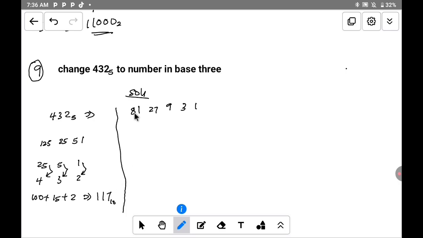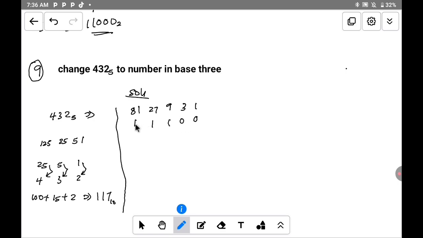If you add 81 plus 27 plus 9, that will give us 117. Do you take note of that? So this 81 will be multiplied by 1, this 27 multiplied by 1, and this 9 multiplied by 1. The others, this 3 and this 1, are not needed to give us this 117, so this 3 will be multiplied by 0, and this 1 will be multiplied by 0.